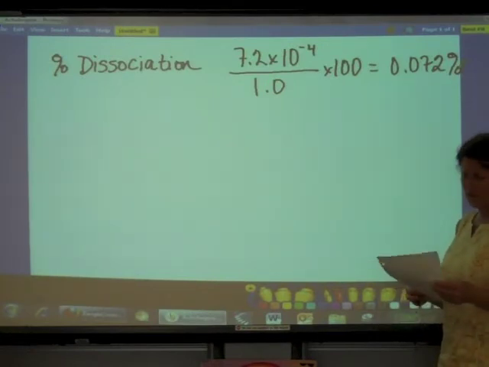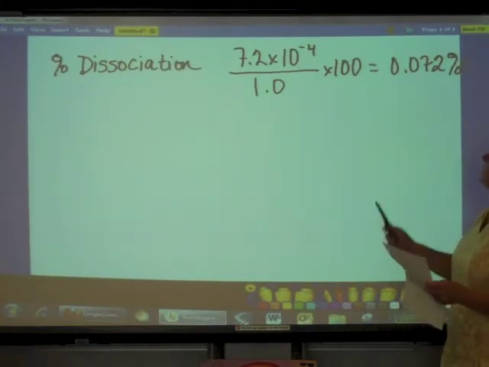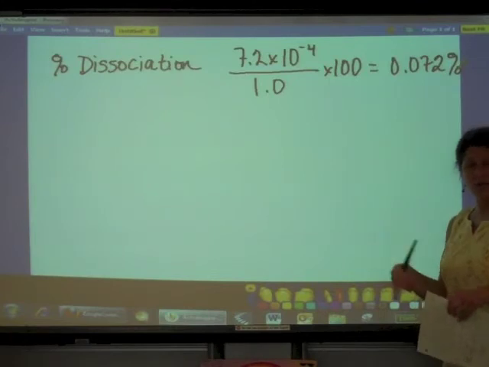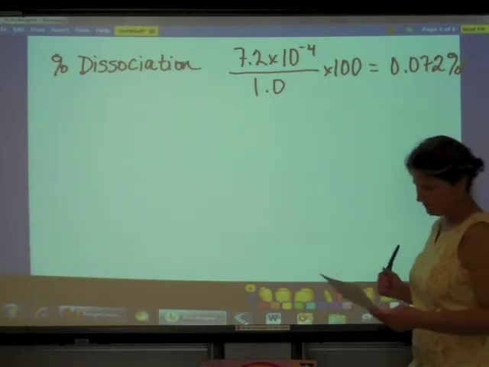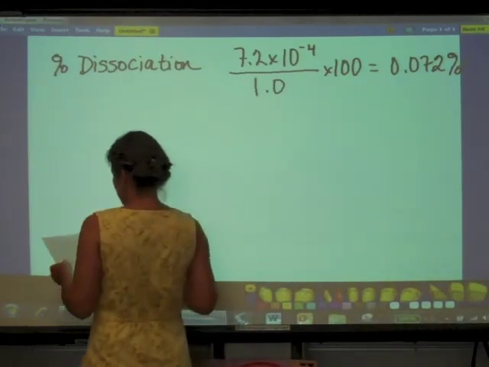Let's compare, just because, wow, that's just impressive. So here's our percent dissociation. We also calculated our hydrogen ion concentration. Now, let's compare.